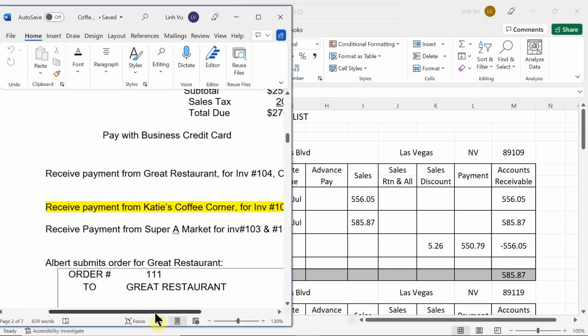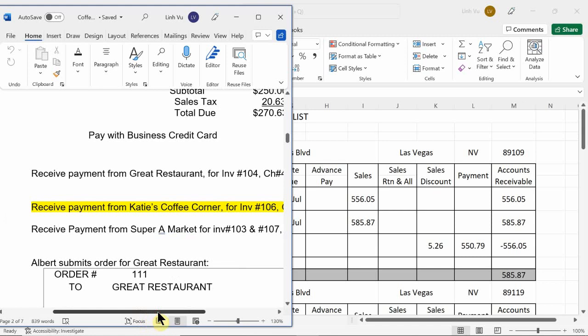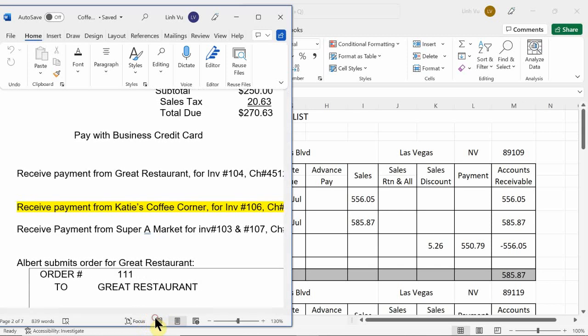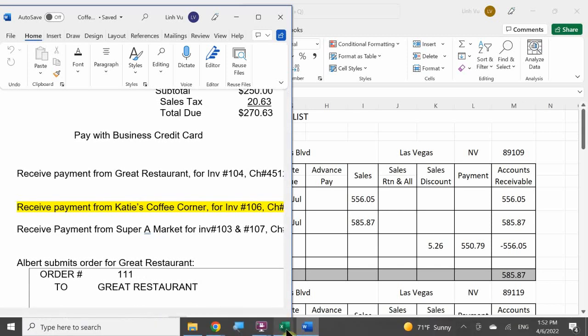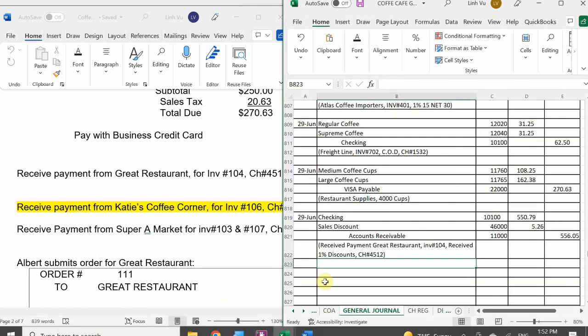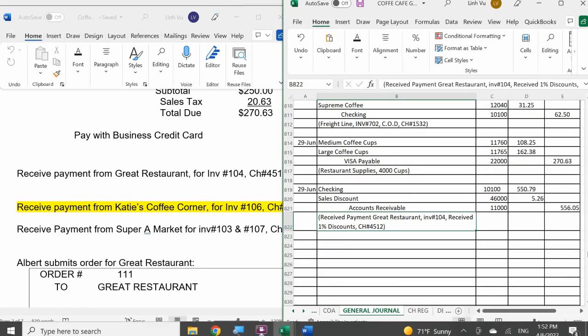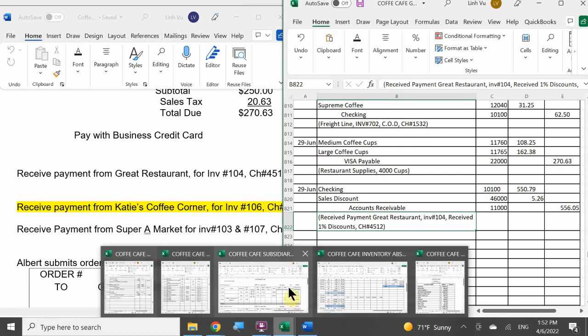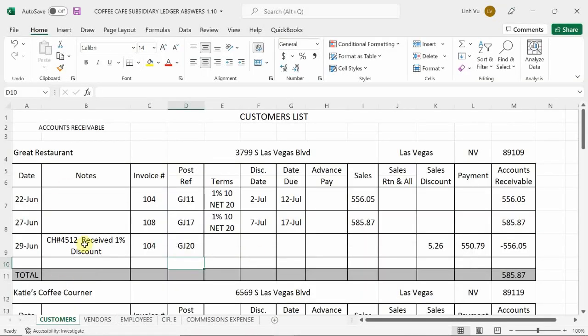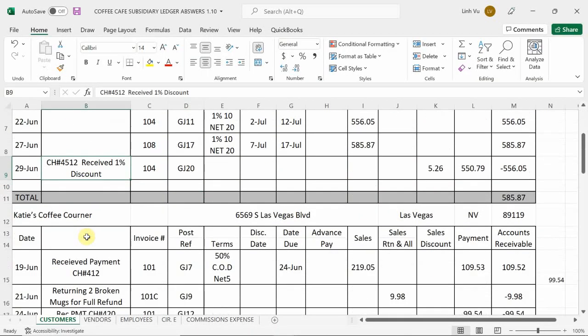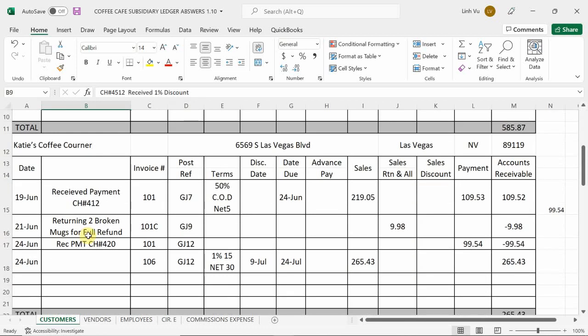We also end up receiving another payment from Katie's Coffee Corner for invoice number 106. Since we were in the subsidiary ledger, let's go ahead and go down to Katie's Coffee Corner, which is the next one over.